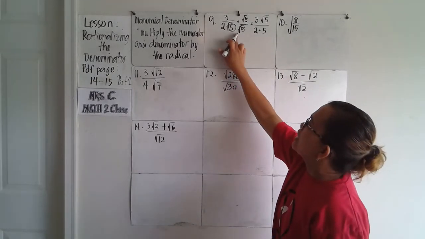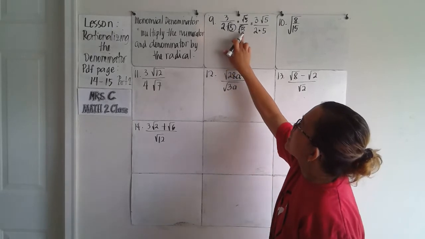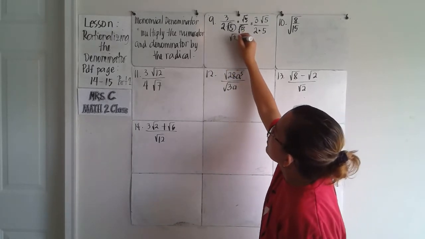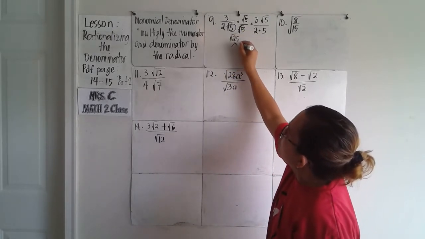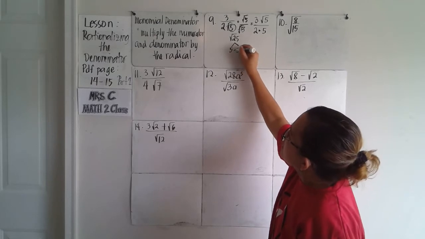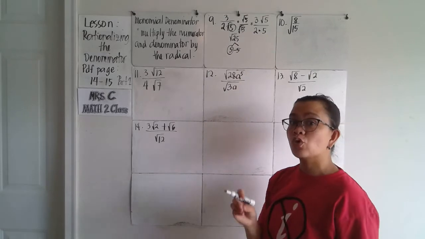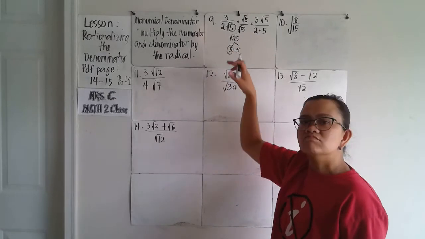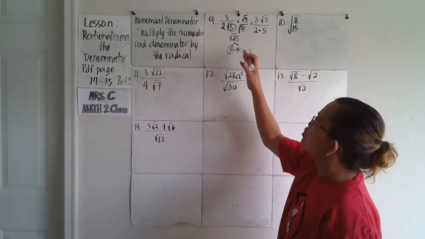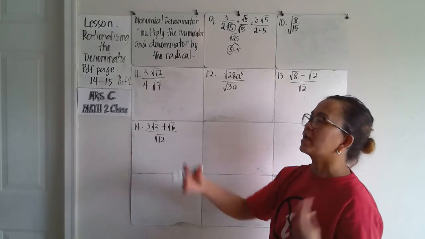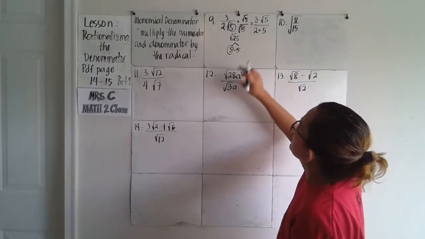Because if you will elaborate this one, square root of 5 times square root of 5 is square root of 25. And we all know that 25 can be separated by 5 and 5 and take 1. So I just did a shortcut instead of enlarging it into more and longer method. So 2 times 5.